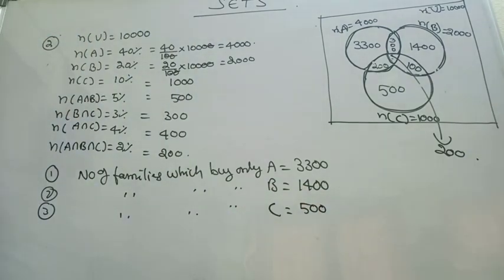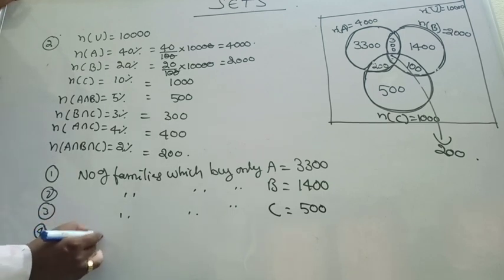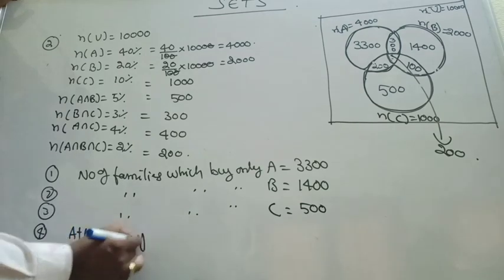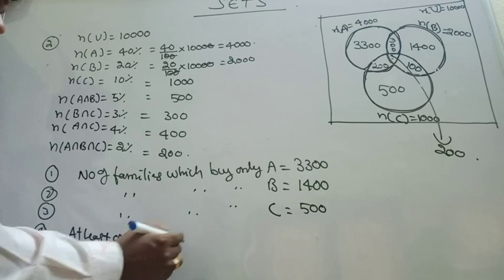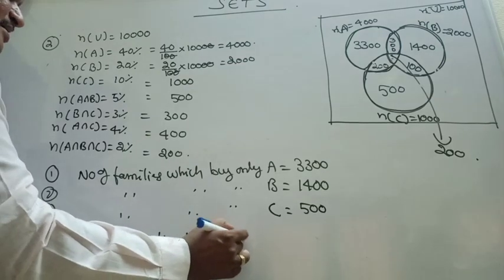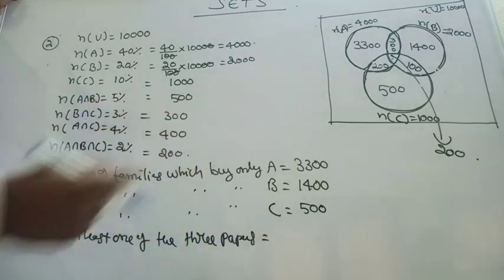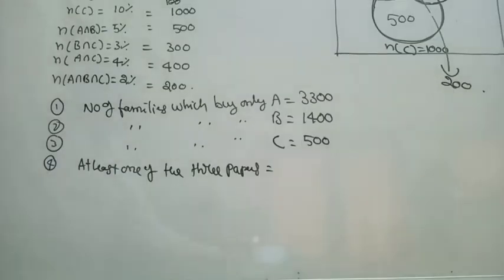Now the fourth one: at least one of the three papers. At least means either A or B or C was studied, and by this formula we are going to get it. What is that formula?